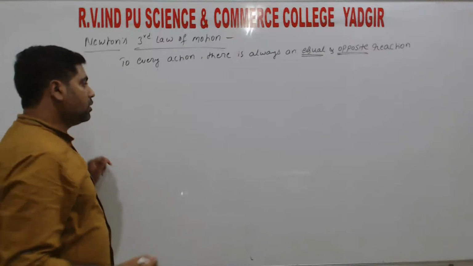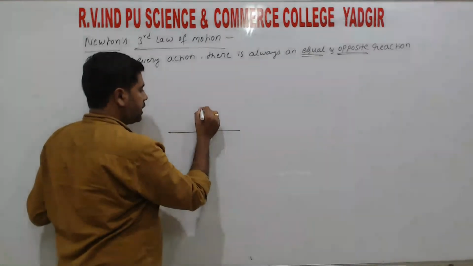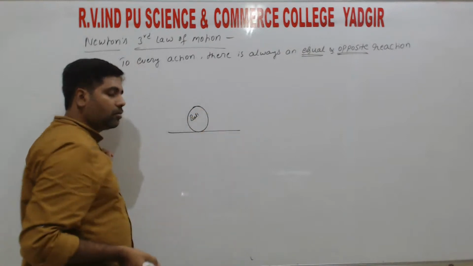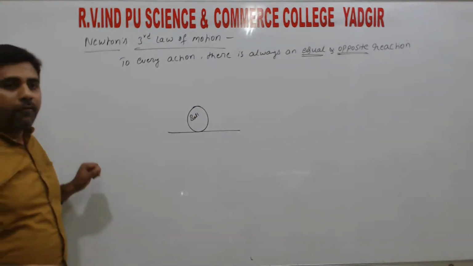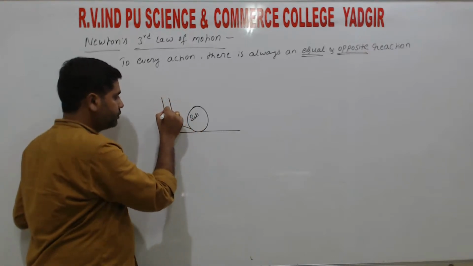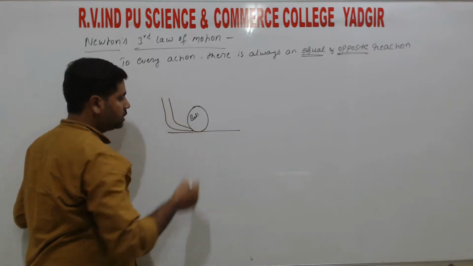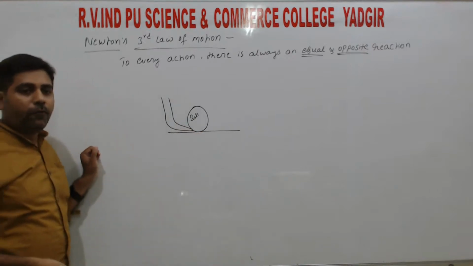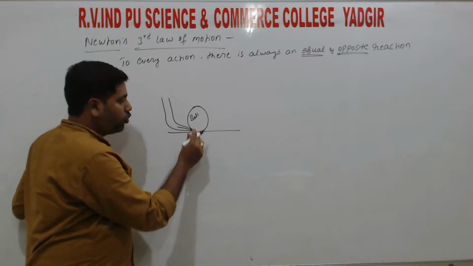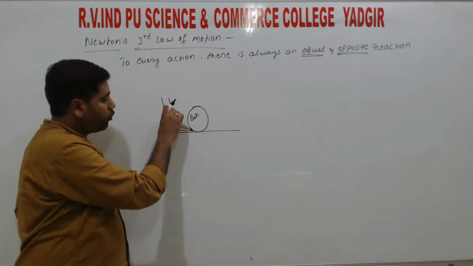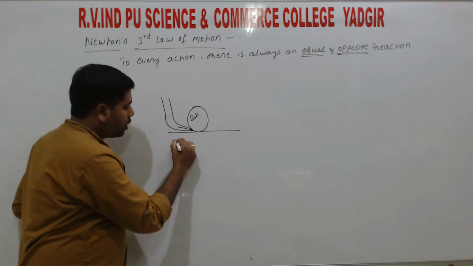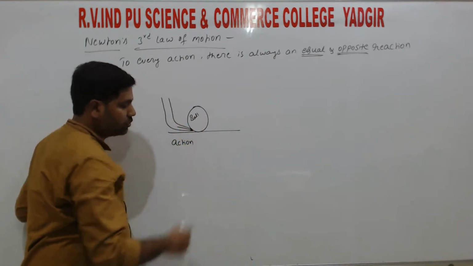So consider one example, right? Consider one ball or football. When this football is kicked by a player, by the leg or foot, the force which is exerted by the foot onto the ball, the force goes from the leg to the ball, right? So this force we call action.